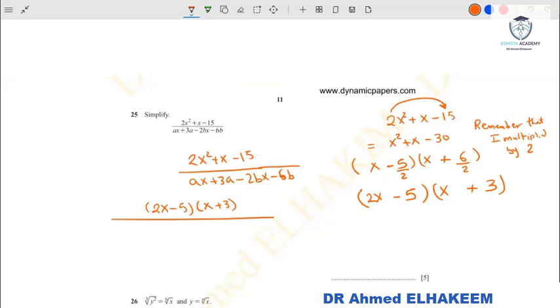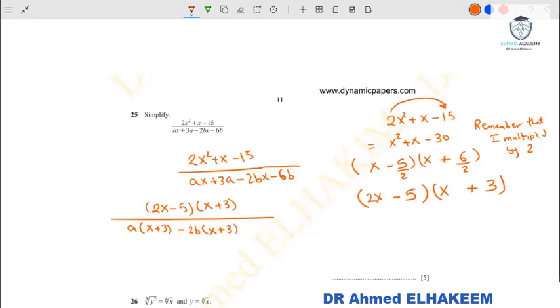Here I'm taking a as a common factor, will be x plus 3. This one I will take 2b as a common factor, will be x minus, or plus here because it is minus 3.